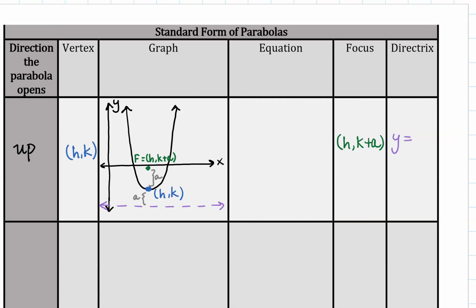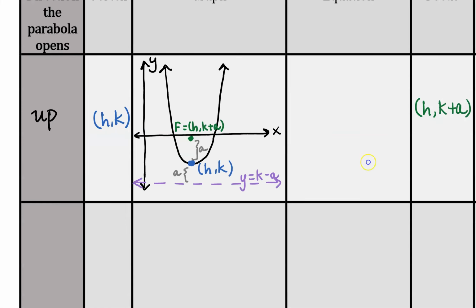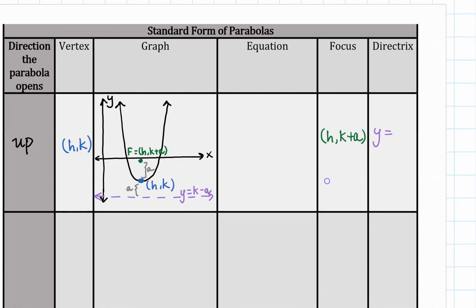Horizontal lines look like y equals. And that number is a units less than k, because we started at the point (h, k) and we moved a units down. So the equation of this line is y = k - a. I'm taking the y-coordinate of the vertex and subtracting a since the directrix is below that. So now we can fill in our equation for the directrix. That is y = k - a.